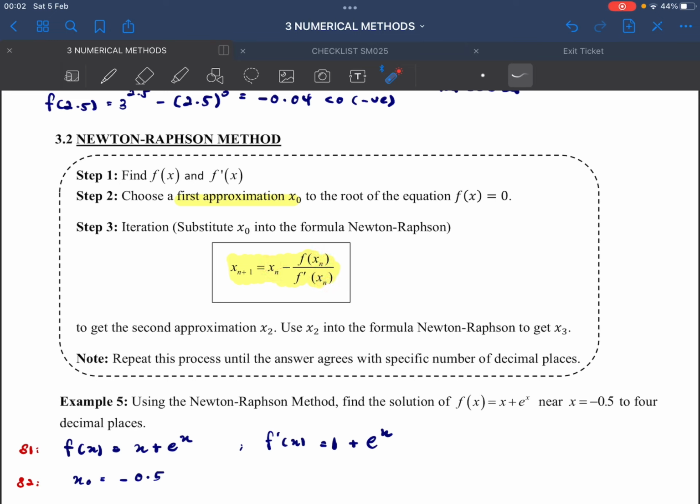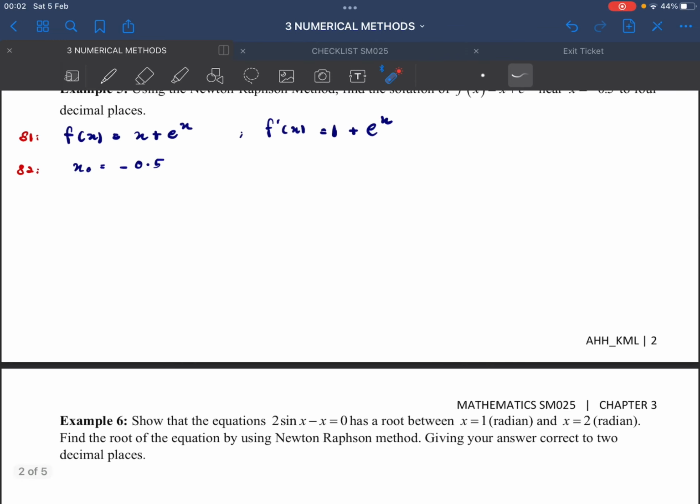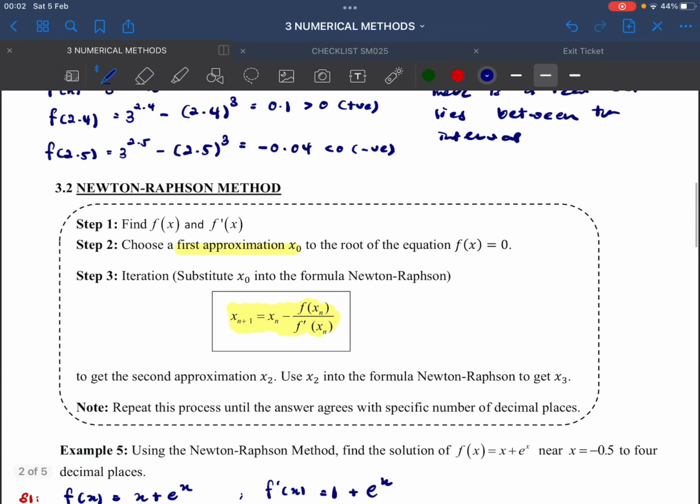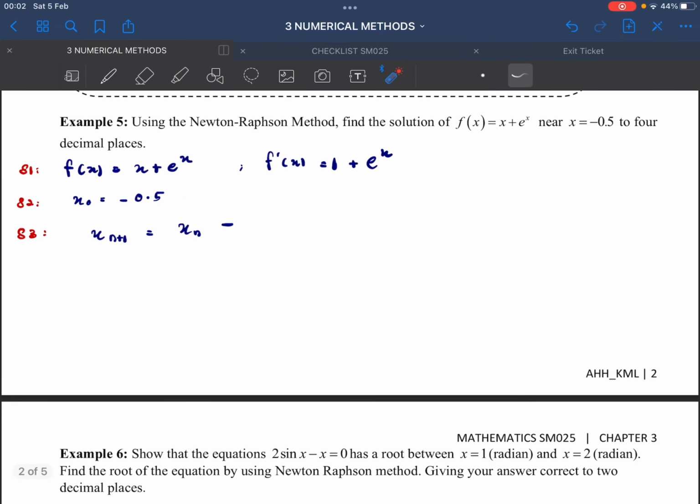Okay, so we are going to do this a few times. Let's write the formula first. So step 3 is xn plus 1 equals xn minus fxn over f prime xn. Here we have our fx, which we write as xn plus exponent xn.